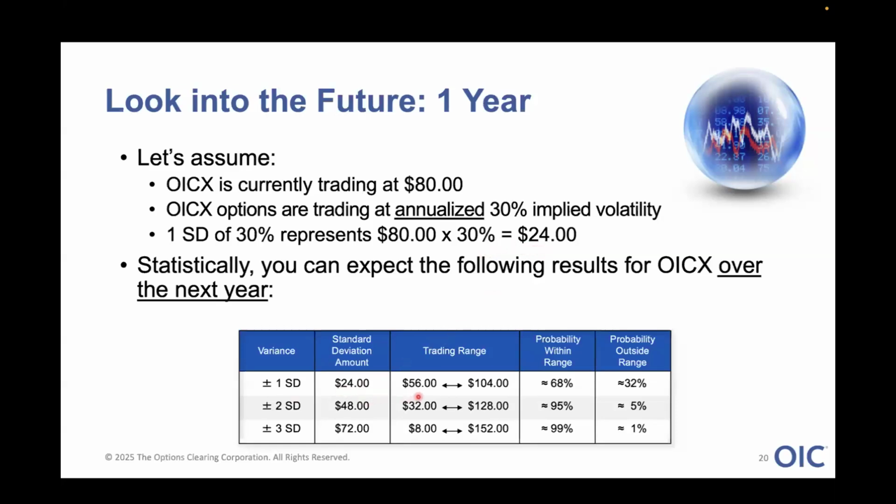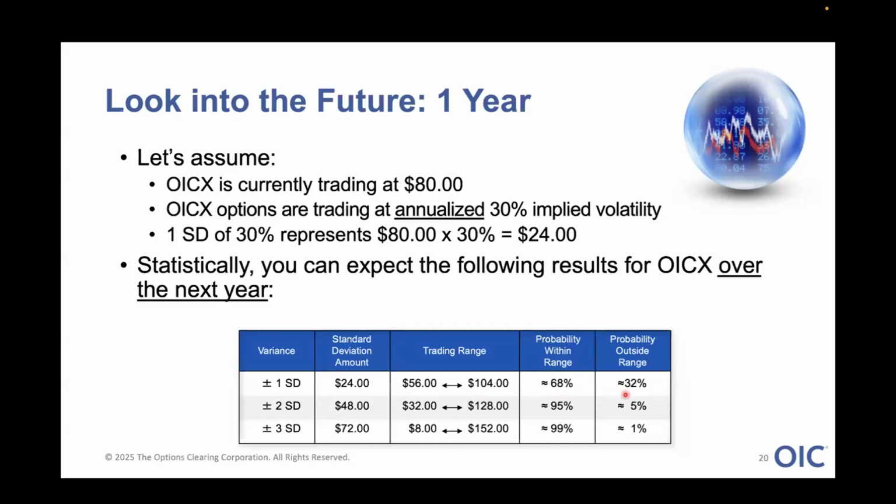If this stock is expected to trade up or down 30%, which equates to $24, that means it's going to trade anywhere between 56 and 104, 68% of the time. We get that by taking 80 and adding 24 to get 104, and taking 80 and subtracting 24 to get 56. So based on 30 vol, the stock has a 68% chance of trading within that range over the next year.